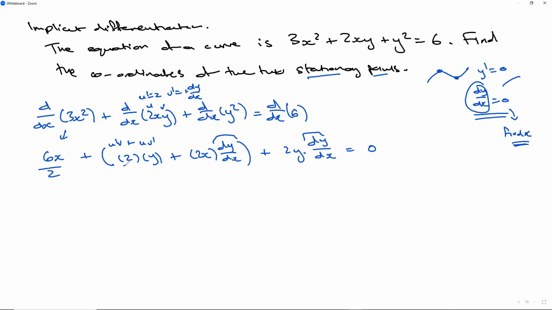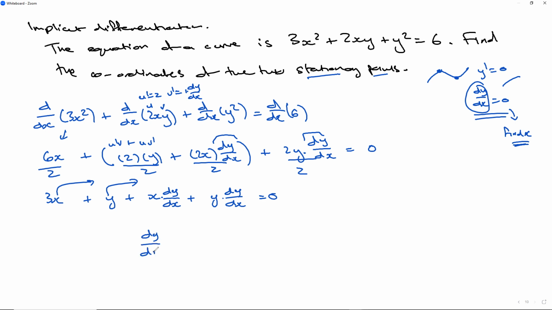I can also divide everything by 2 first. So I end up with 3x plus y plus x times dy dx plus y times dy dx equals 0. And I'm going to move these across and take dy dx out, giving me x plus y times dy dx equals negative 3x minus y.